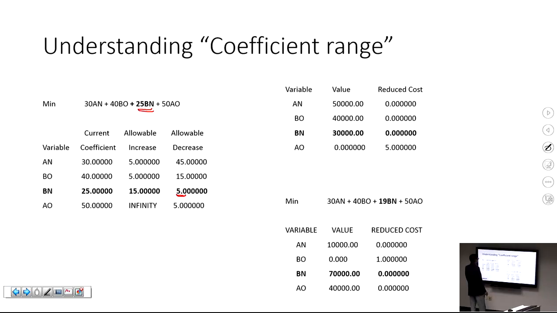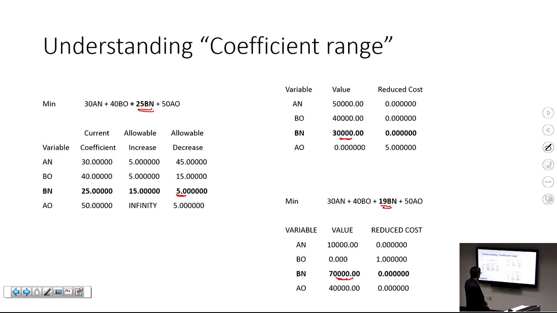So what I'm doing is reducing the cost from 25 to 19, which is more than $5. And what that does is, initially you are making 30,000 B's on the new line. Now you are making 70,000 B's on the new line.